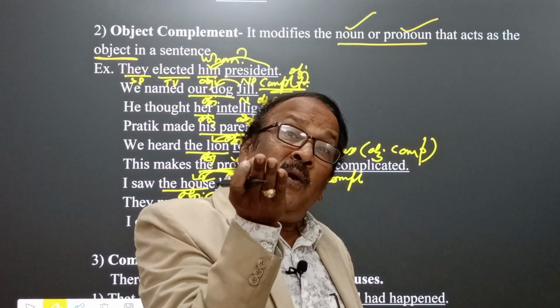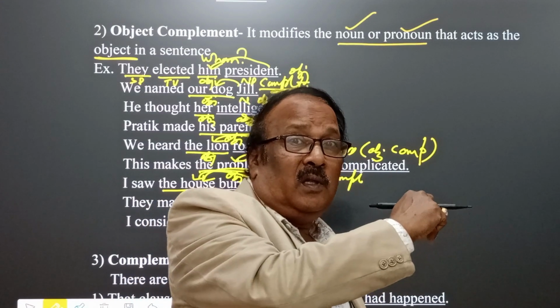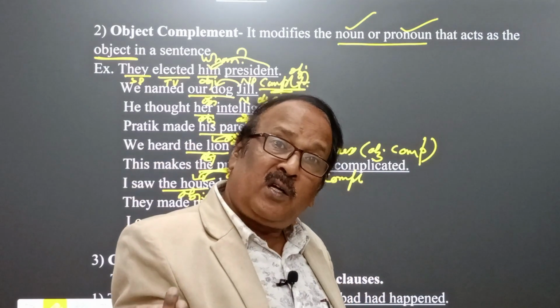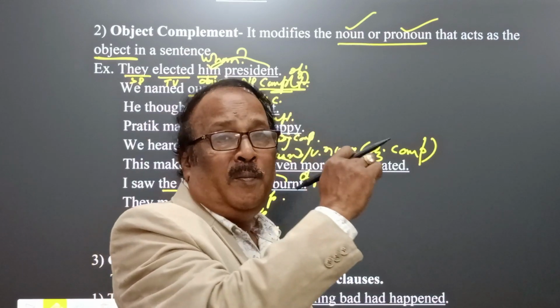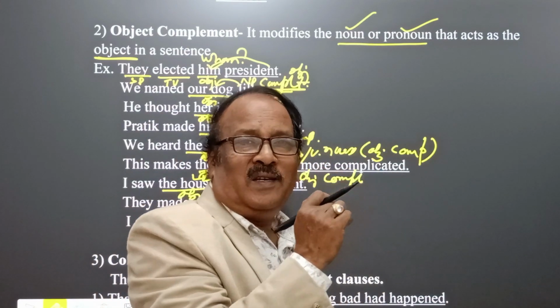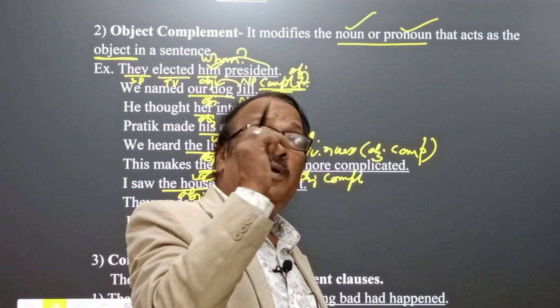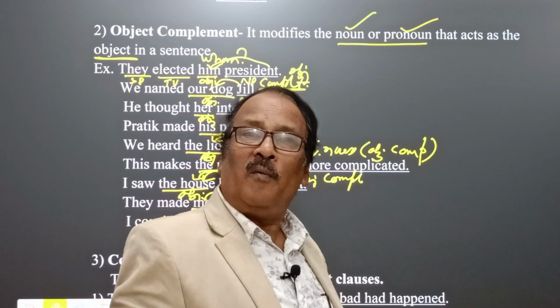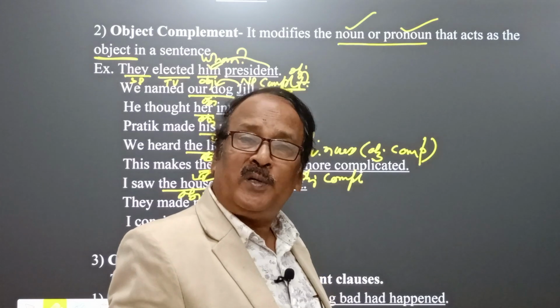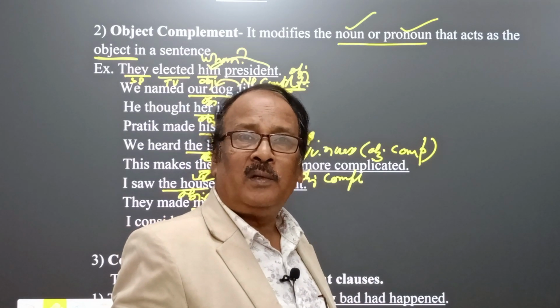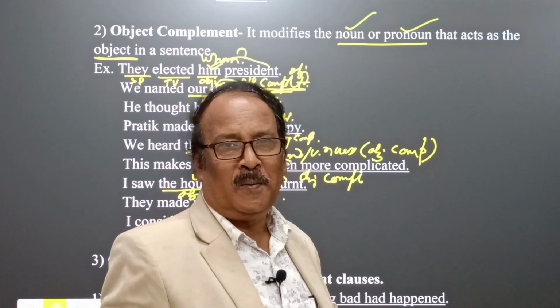Subject complement complements the subject part, which may be noun or pronoun, but object complement complements the object. It may be noun or pronoun, but whenever it qualifies the object, it is called object complement. Whenever it modifies or qualifies the subject, it is subject complement.